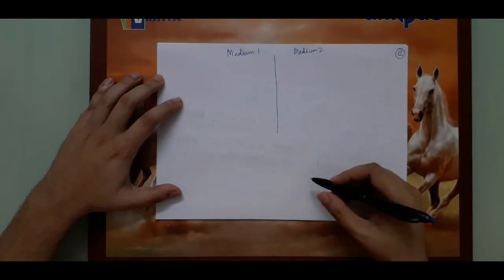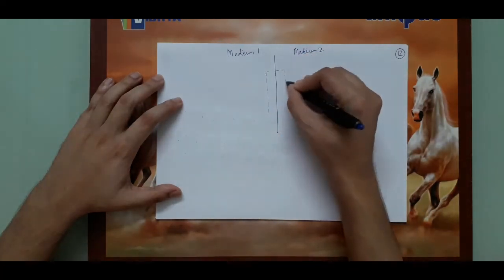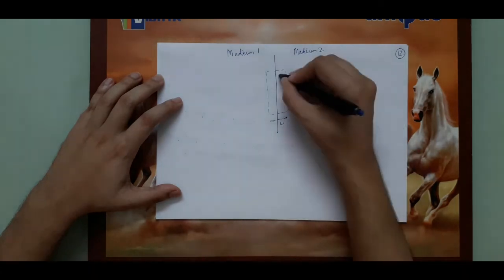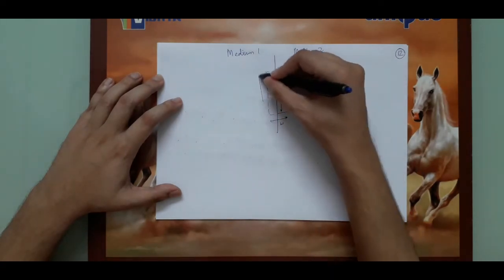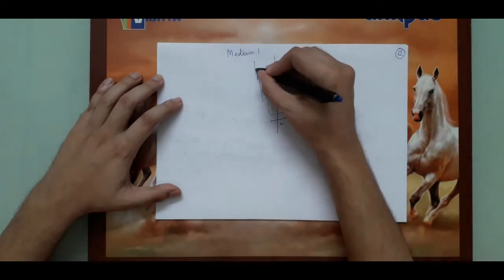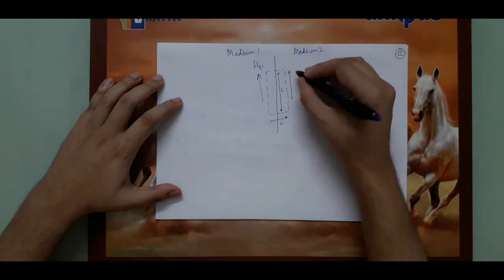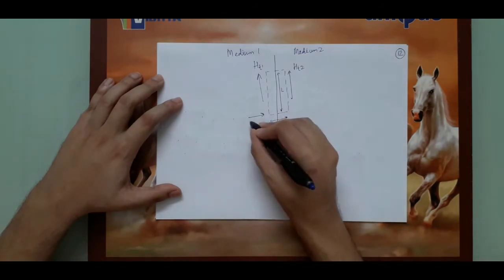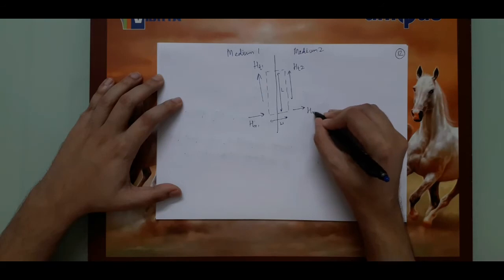Again, let us define a small rectangle. Width is W, length is L, and let the tangential magnetic components be HT1 and HT2, and the normal components be HN1 and HN2.